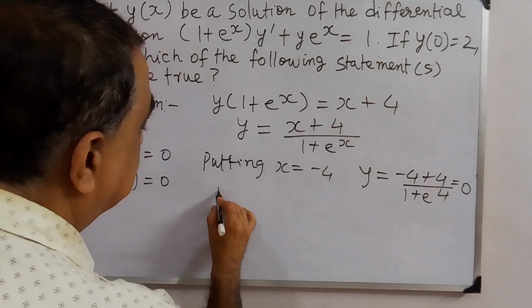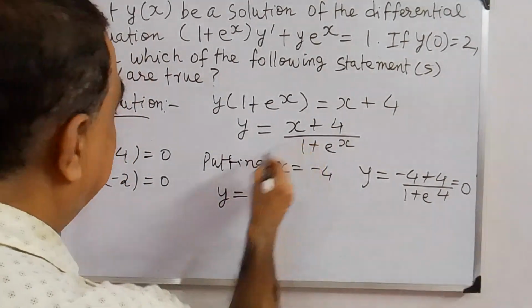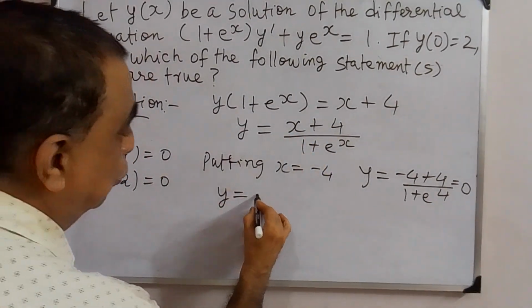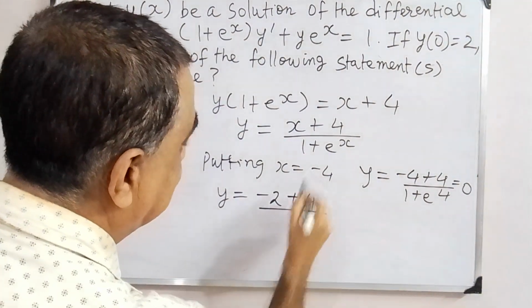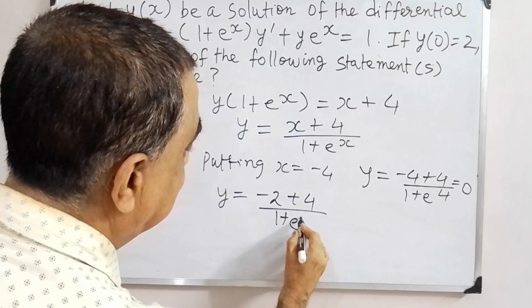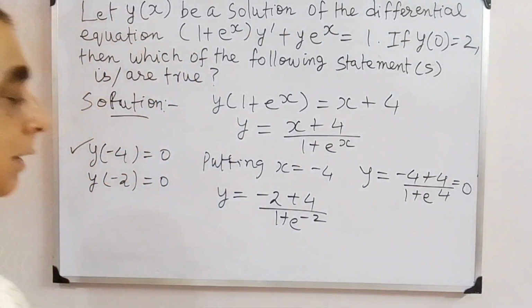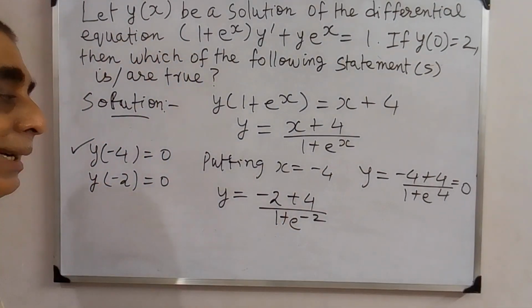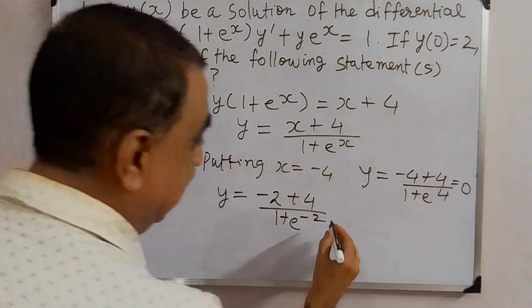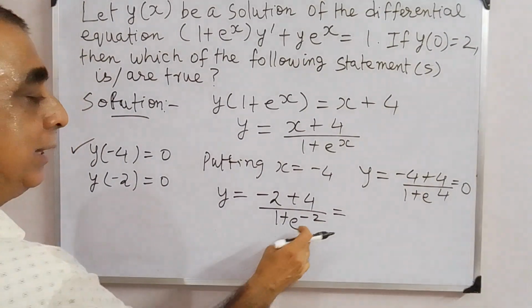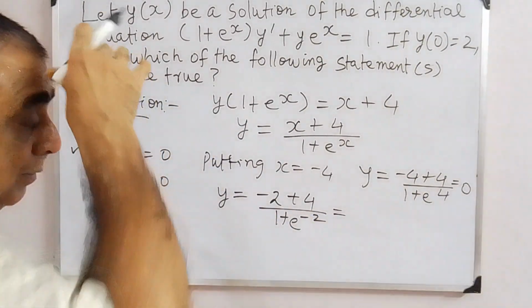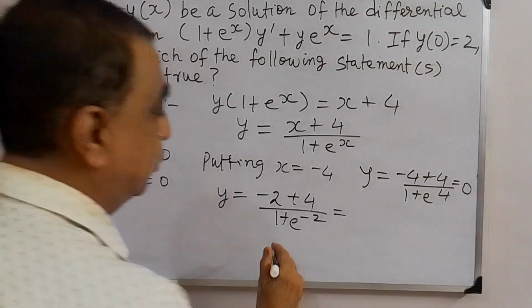Now check it by putting x value minus 2, okay, so minus 2 plus 4 divided by 1 plus e to the power minus 2. Okay, e to the power any number is never 0, and it is always a positive number, never 0 and never less than 0.